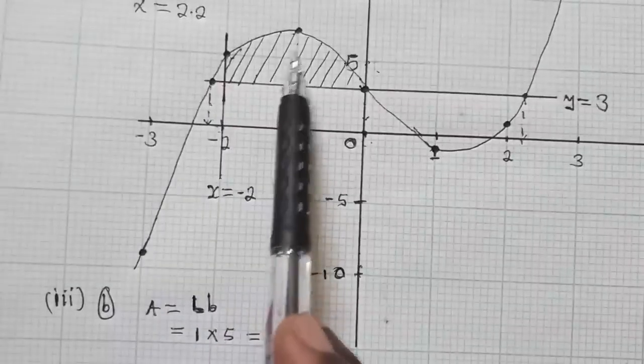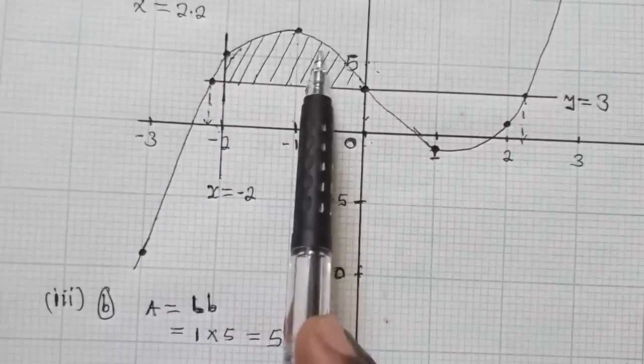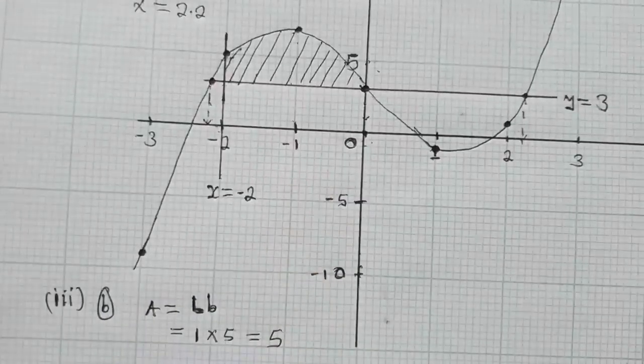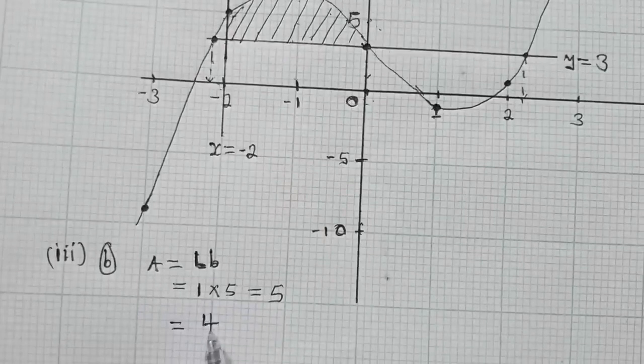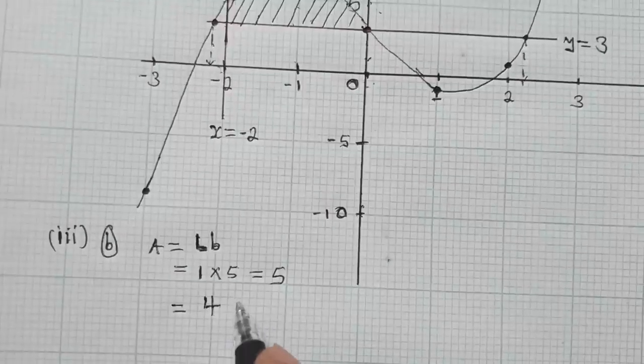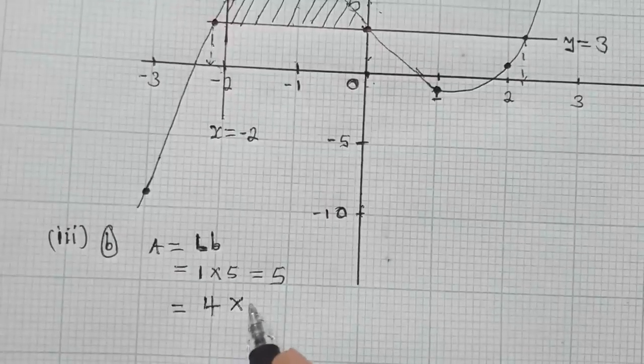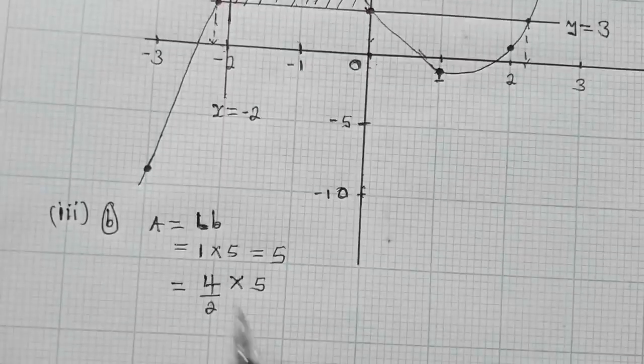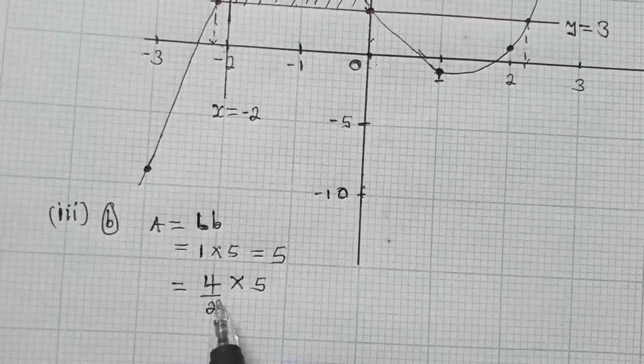There's this part, 1. There's also this part, 2. There's this part, 3. And this part, 4. So we shall say 4 boxes, times 5 over 2, or let me say this.